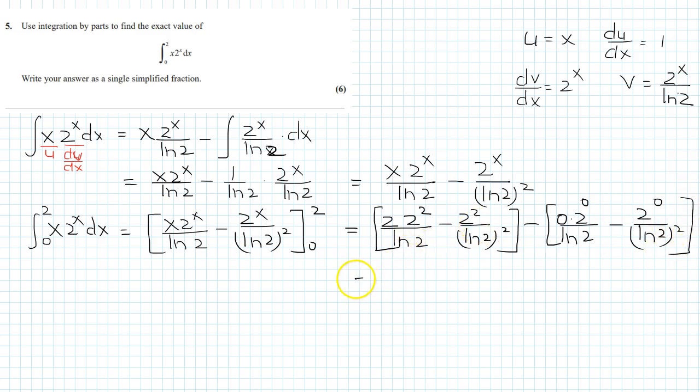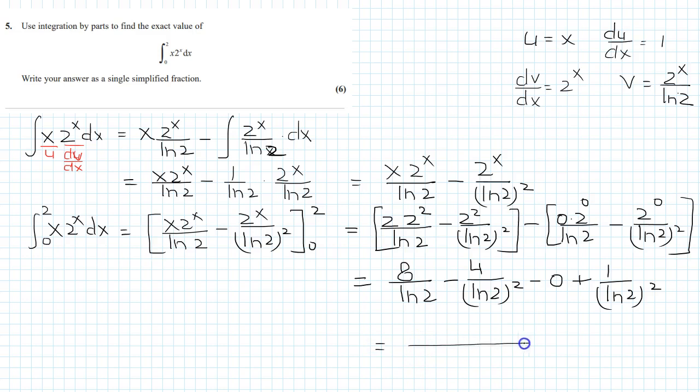So if you simplify this, this is 8 over ln 2 minus 4 over ln 2 square minus, this is 0 minus minus plus 2 to the power 0 is 1 over ln 2 square.